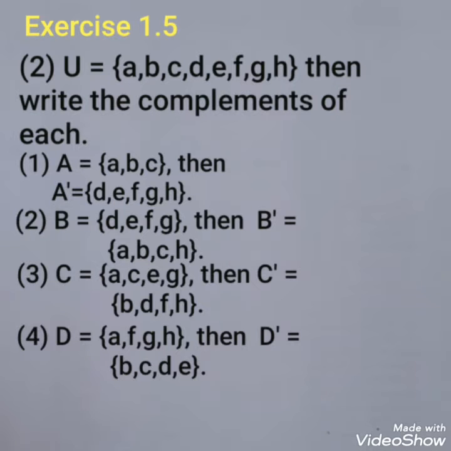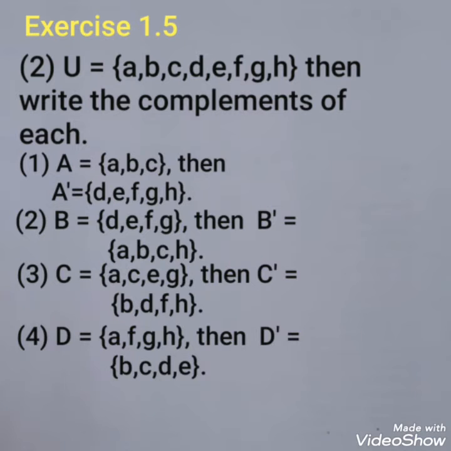Similarly, B contains 4 elements d, e, f, g. So the first 3 elements are not present in B, which are a, b, c, and the last element of U is also not present in B, that is h. So the complement of B contains the elements a, b, c, h.